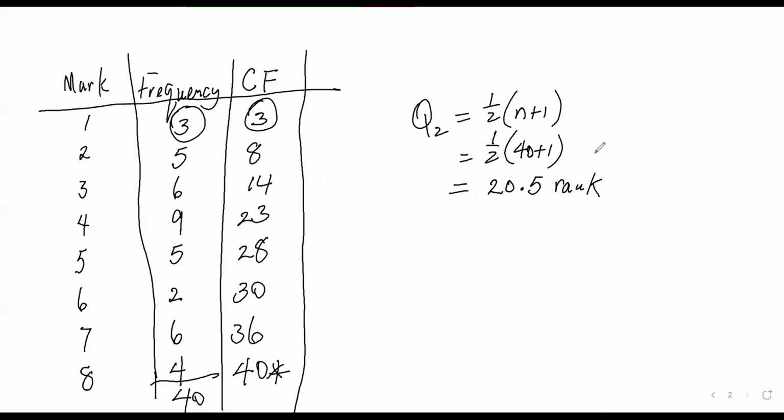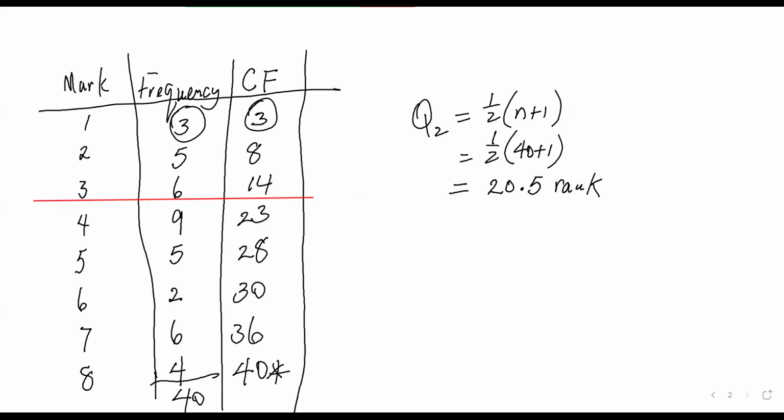Now, the 20th rank, pay attention to this one. You're seeing your 14 there.